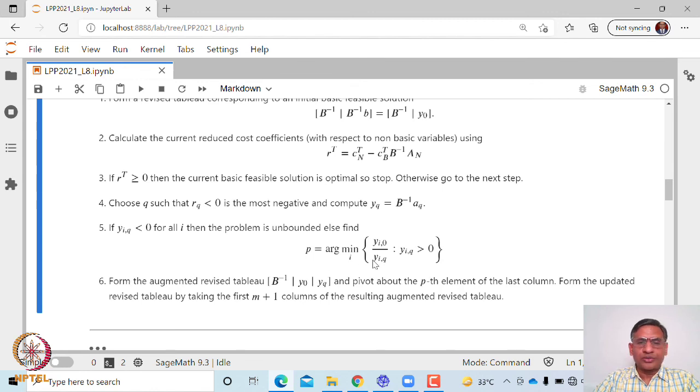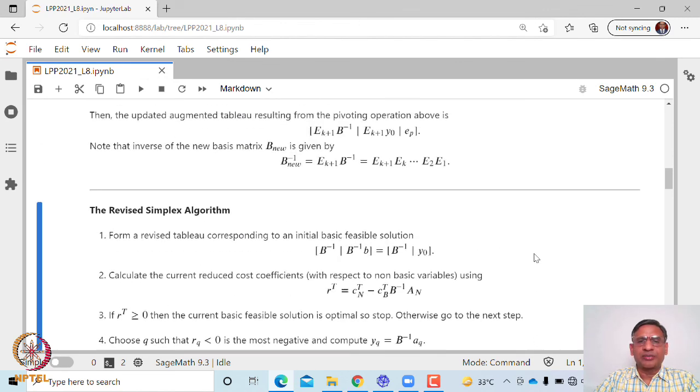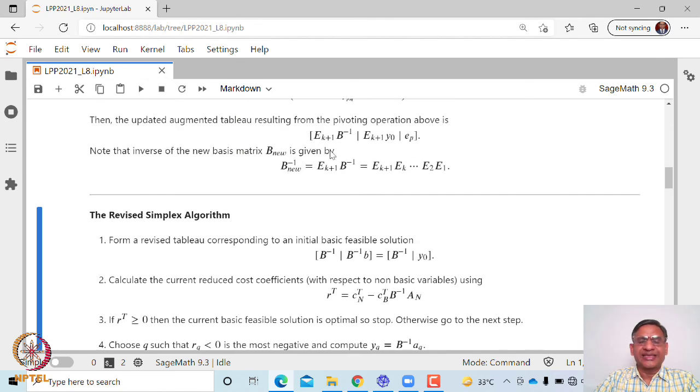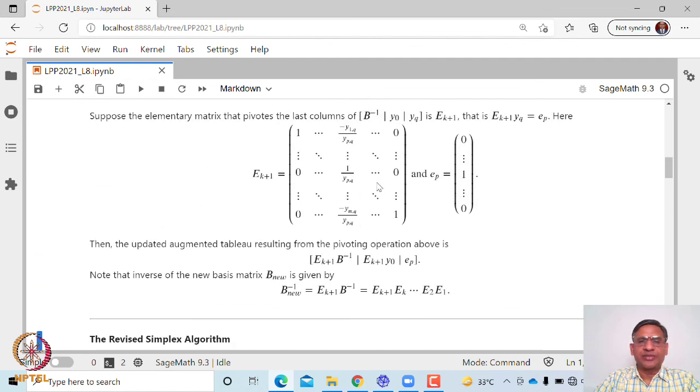Right? Now once you have decided p, you form the augmented revised simplex table B inverse, y_0 and y_q, and pivot the pth entry of the last column, and form the updated revised simplex table by taking the first m+1 columns of the resulting augmented revised simplex table. We know that pivoting the pth element in the last column amounts to multiplying by the matrix e_{k+1}, given by this.